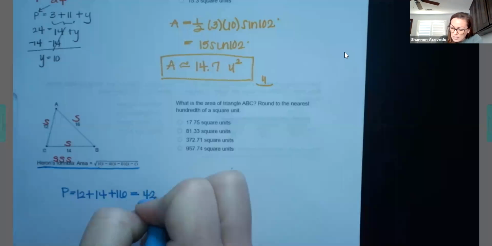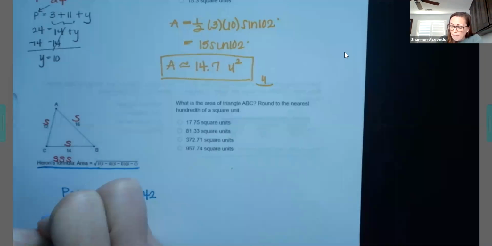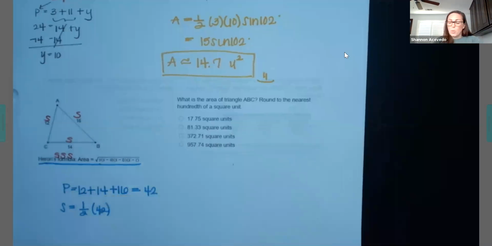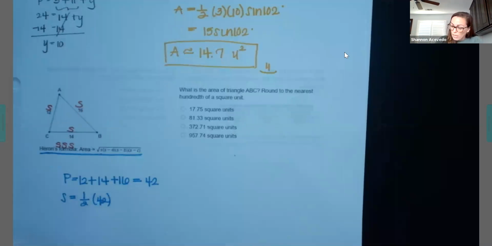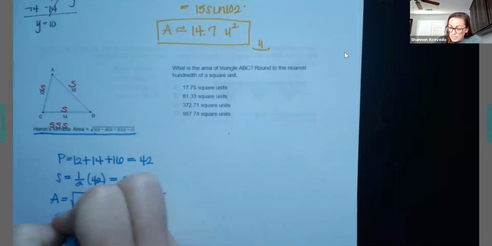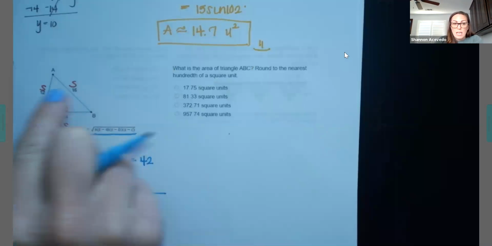Then S is equal to half of 42. Half of my P, 42 divided by 2, 1/2 of 42, however you want to look at it, and it's going to be a value of 21. So the area is going to be the square root of S, so 21, then it's S minus each one of these sides.